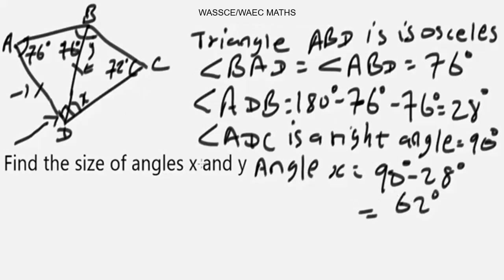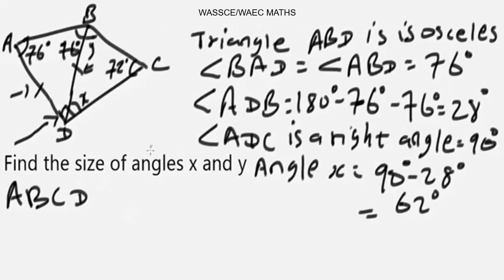Now for angle y, to get our angle y, know that ABCD is a quadrilateral, and we know that a typical quadrilateral adds up to give 360 degrees.